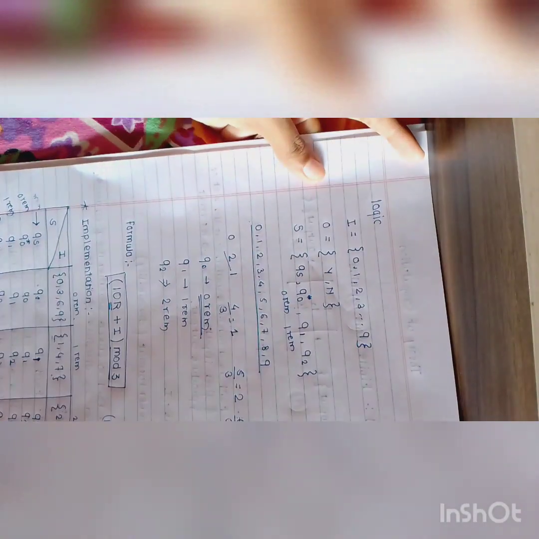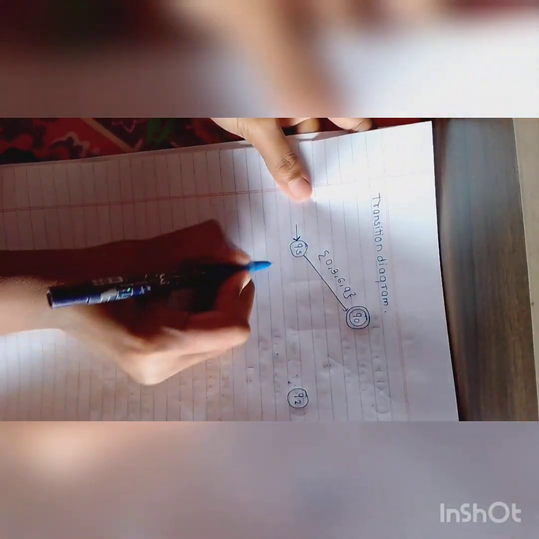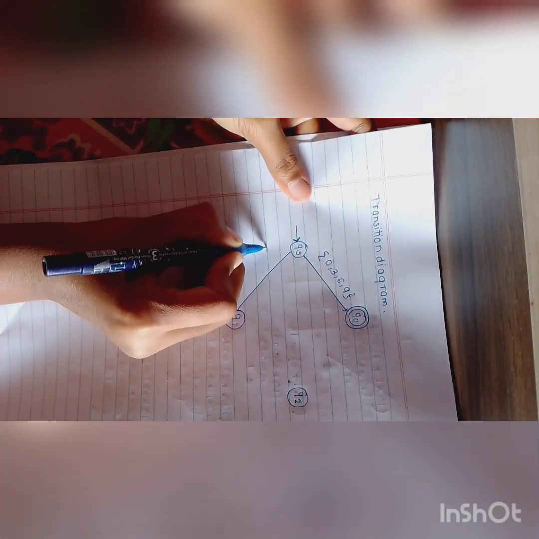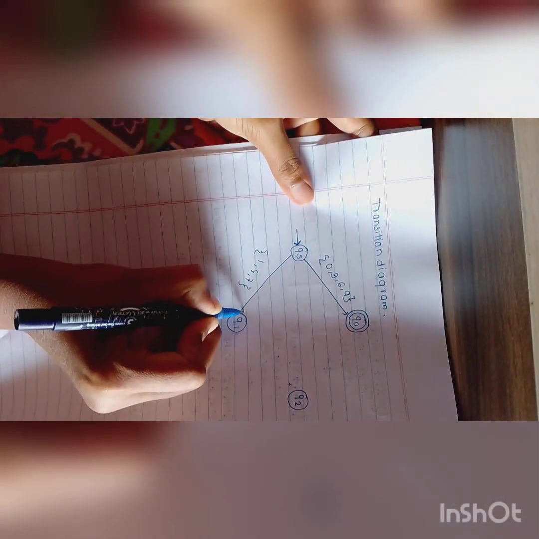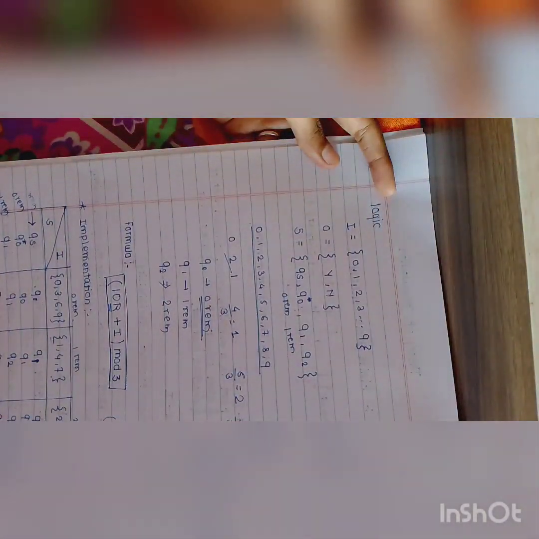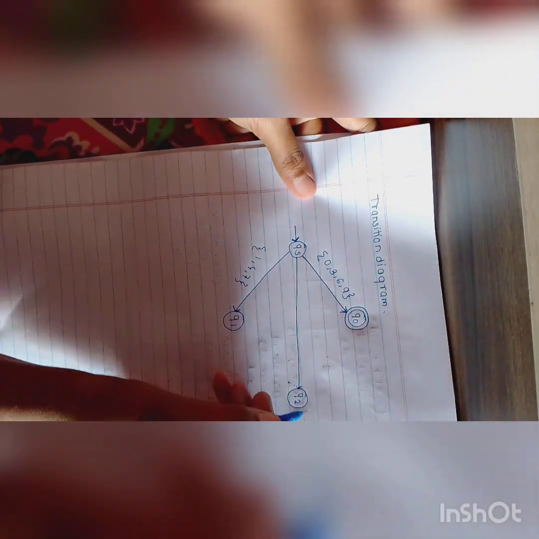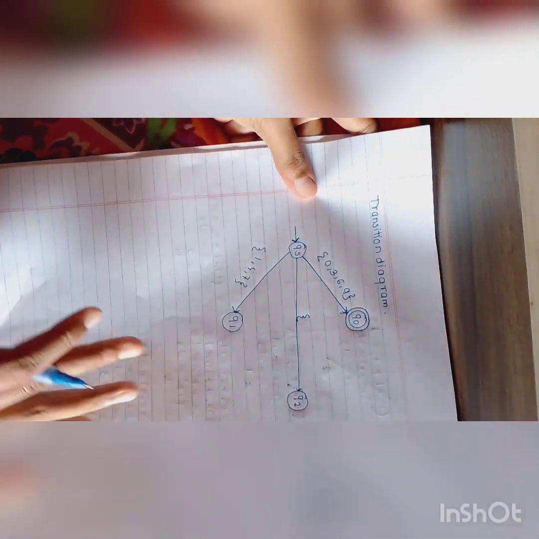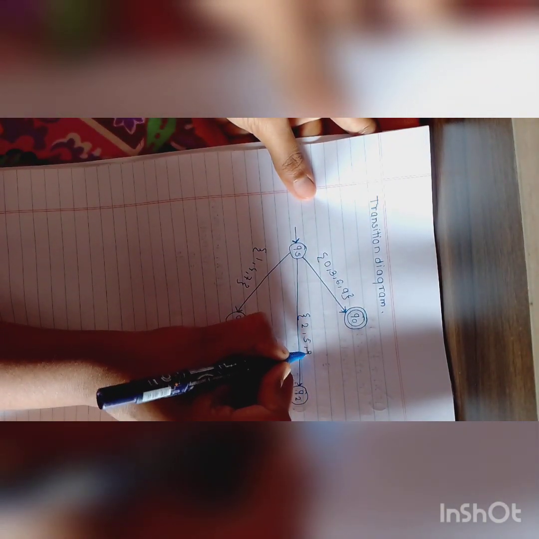Then the second transition is from qs to q1, which has the input set 1, 4, 7. The next transition is qs to q2, which has the input set 2, 5, 8.